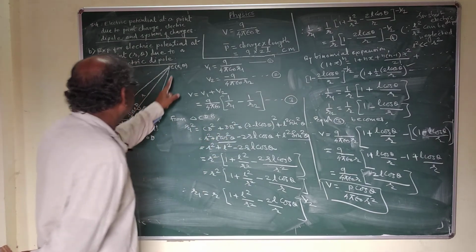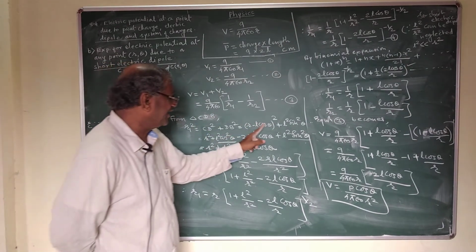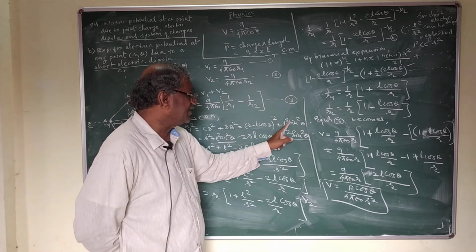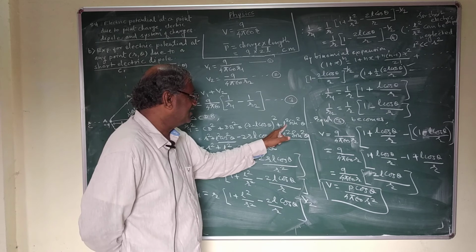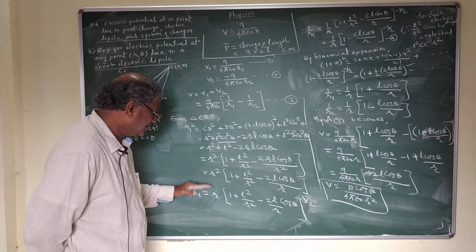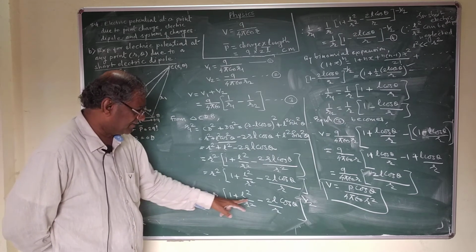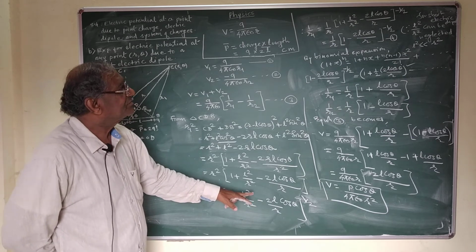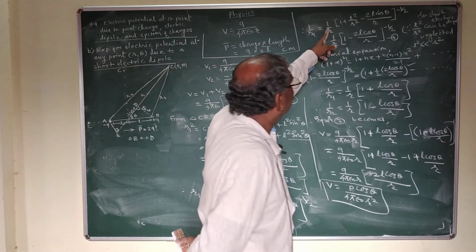CD means R minus L cos theta. So that R minus L cos theta whole square plus DB means L sin theta. So that L square sin square theta. This is the equation. You simplify this, we get R1 in this way. Now, therefore 1 upon R1 we can write like this.